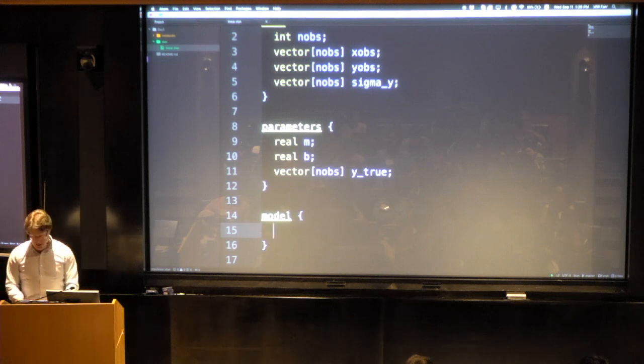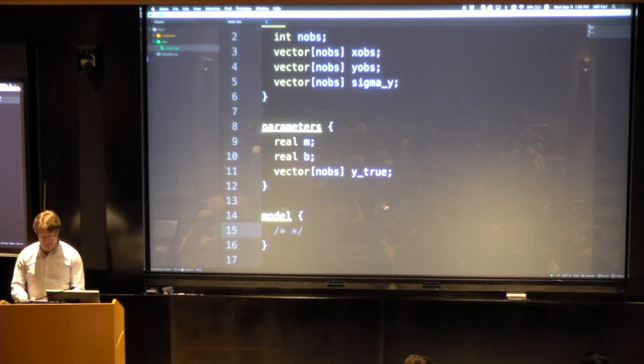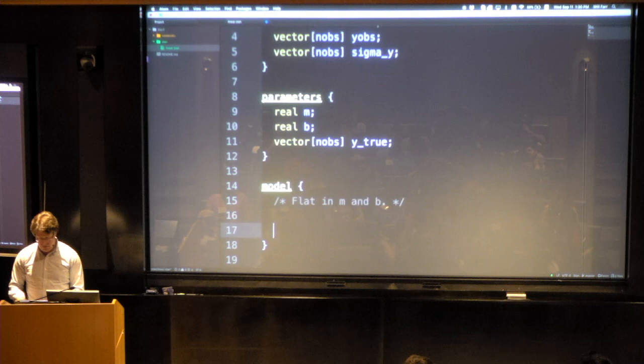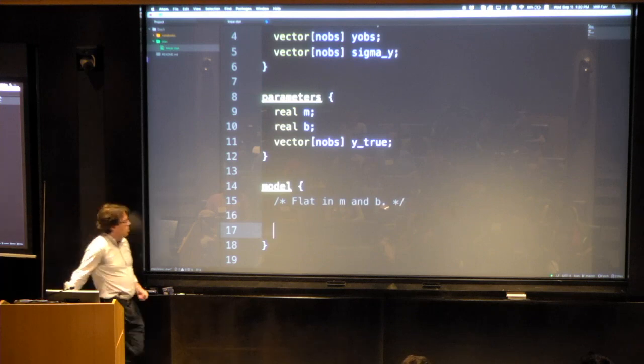Okay, so I'm going to just make a note. If a flat density is just constant, so if I don't write down anything for the density for M or B, it's just flat. Okay. What about Y true?